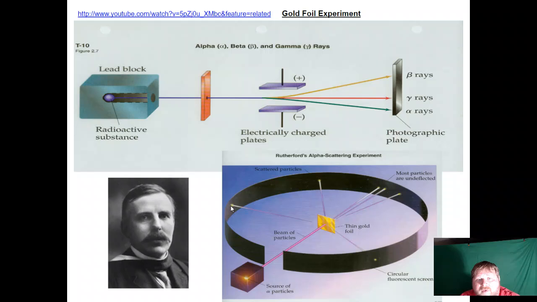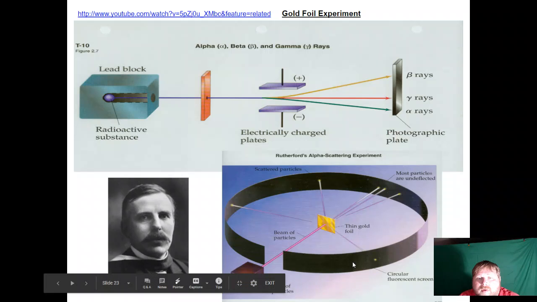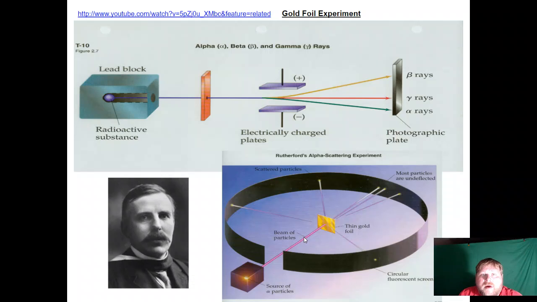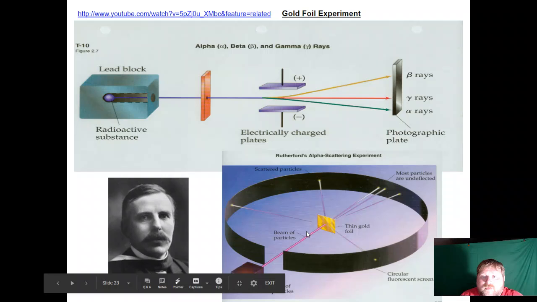Some went virtually sideways, and some even bounced backwards. Every once in a while, one would bounce directly back at 180 degrees to its original path. And Rutherford famously said that was as surprising as firing a shell at a piece of tissue paper and having it bounce off and come back and hit you. That wasn't what he expected.